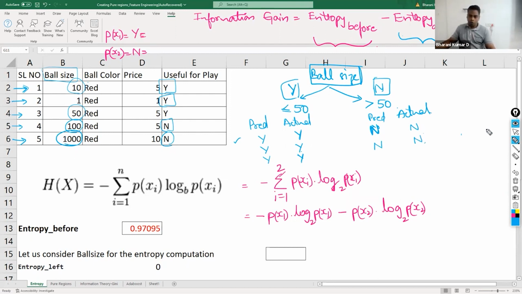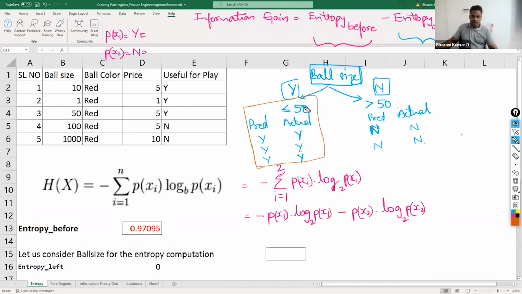Now let's calculate entropy. But here you have two sides, entropy for the left side and entropy for the right side, because there are two splits. So let's calculate the entropy for both of these. Let's first get to the left side.